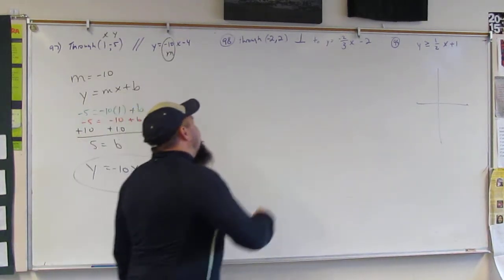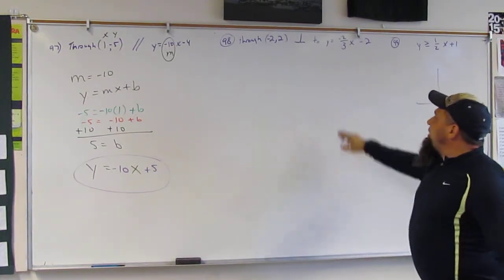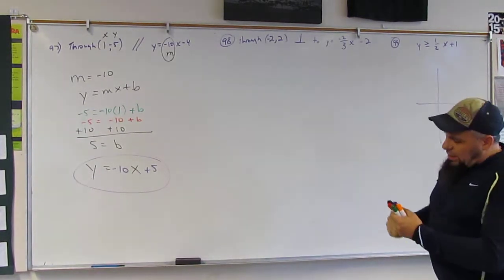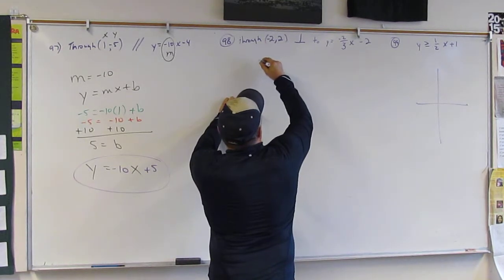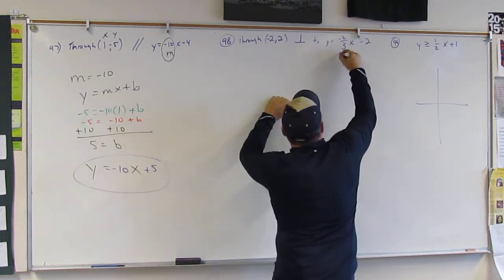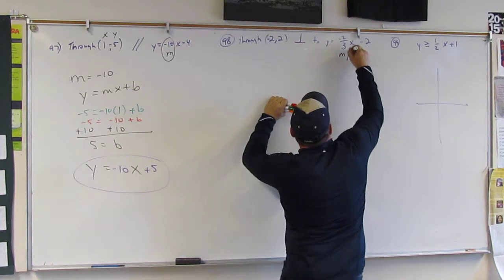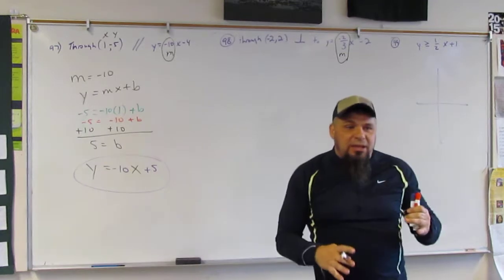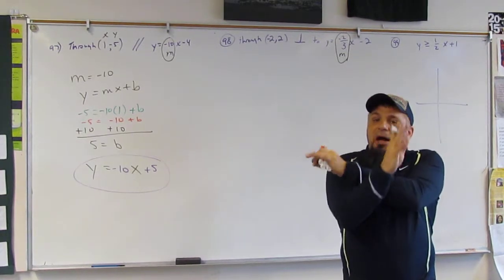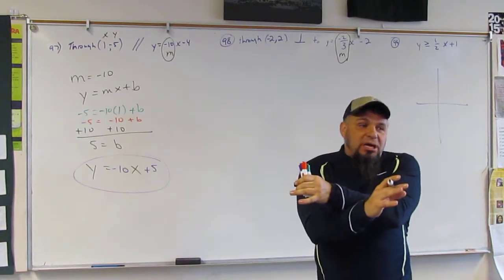So we got y equals mx plus b, and we need to know that this is your slope, right? Now, what's your perpendicular slope? And do you remember what it means to be perpendicular? Opposite? Opposite. Absolutely opposite.